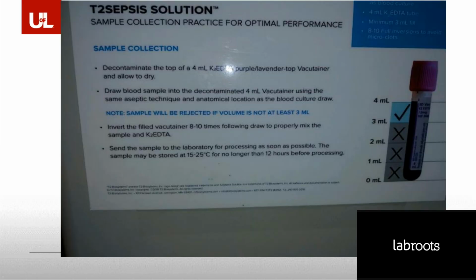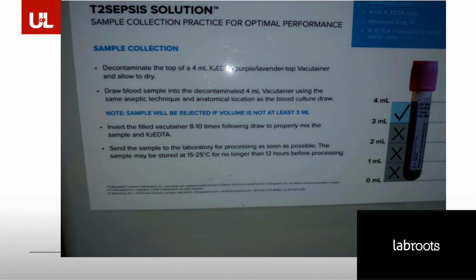I wanted to put this up here because we were having problems with blood volume, and you can see in this tube, what we did was fill several tubes with methylene blue up to 4 mLs and distributed those to the respective services to use as a guide in collecting the appropriate volume of blood necessary for the T2 testing.